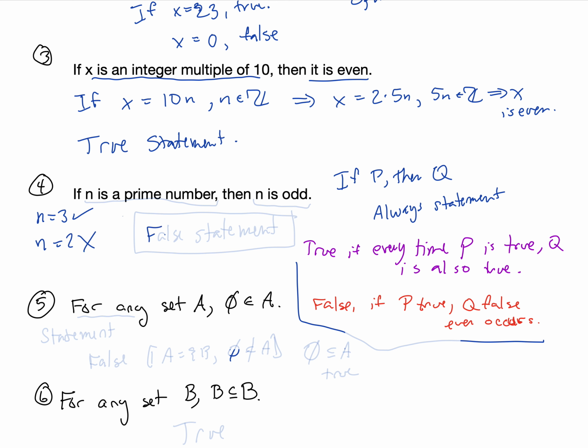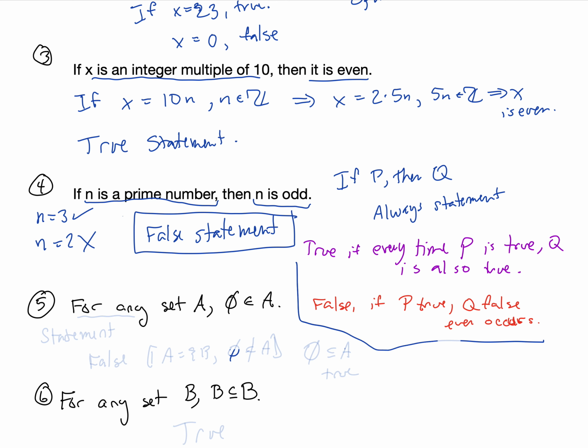And so that means that this is a false statement. It is a statement. It is either true or false. Any if-then statement or any if-then sentence will be a statement, and it is false if the if piece does not always imply the then piece.